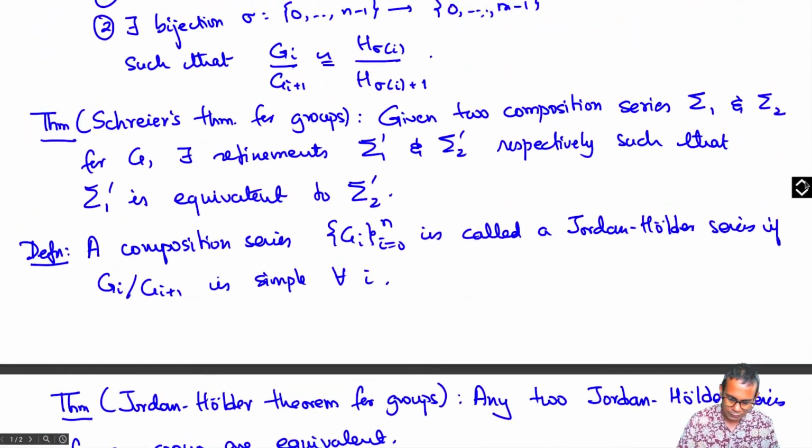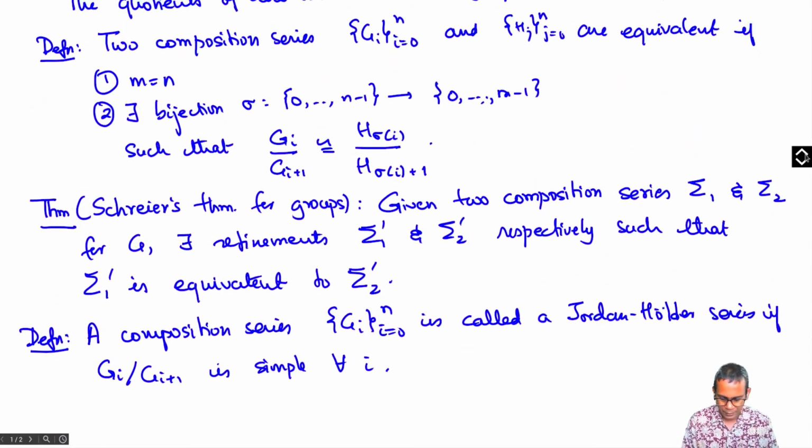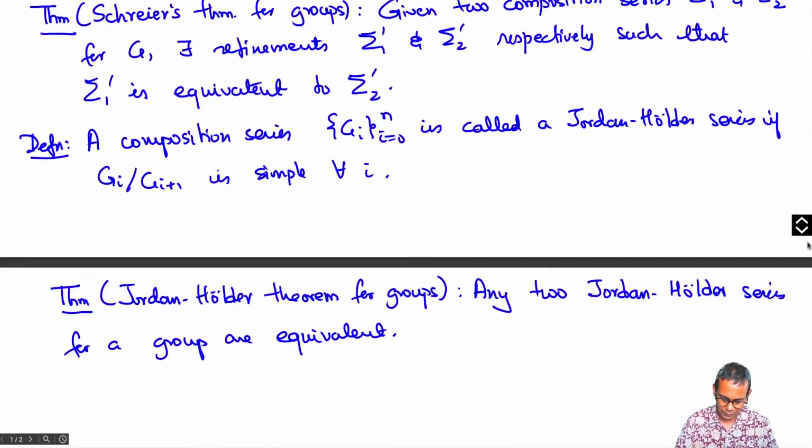So we do not consider the trivial group to be simple. So it's called a Jordan-Holder series. So this means that the G_i are distinct and that you cannot further refine this composition series by inserting new terms in between. And so just like before, these are composition series which do not admit strict refinements.